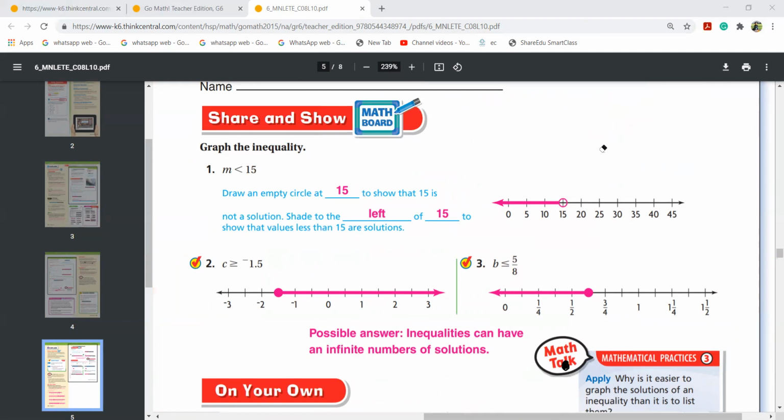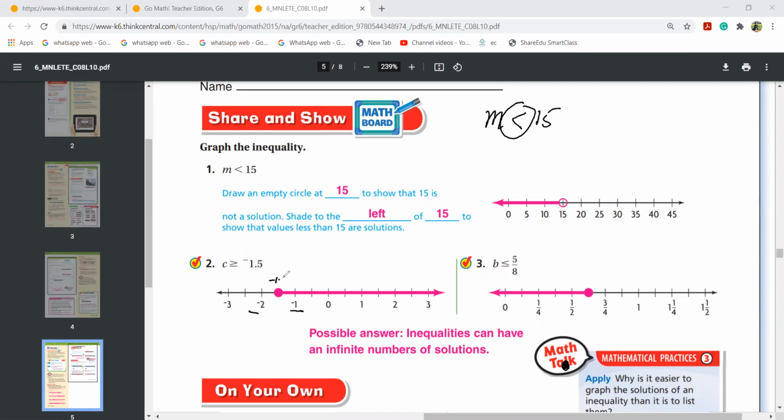I hope you understood this. M less than 15. When the word is less than, I need to move to the left hand side. At 15, just put a circle. That means it is not 15, it is less than 15. C greater than or equal to means it has to be minus 1.5, between minus 1 and minus 2.